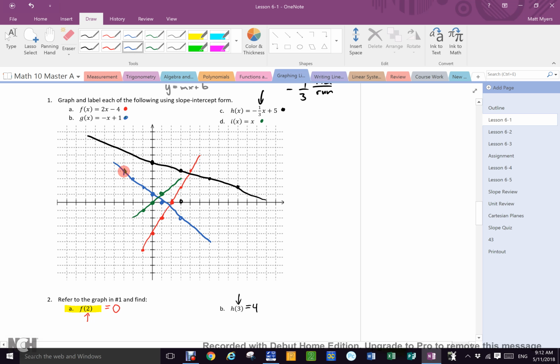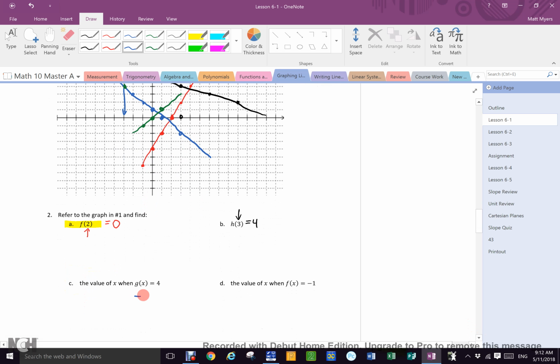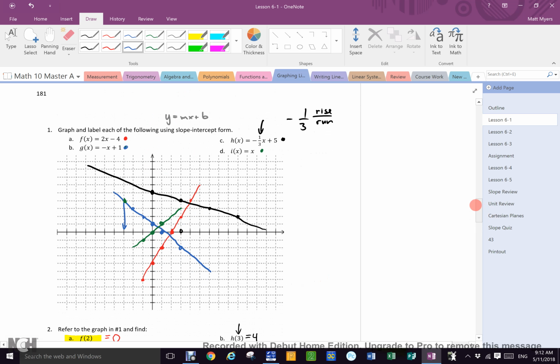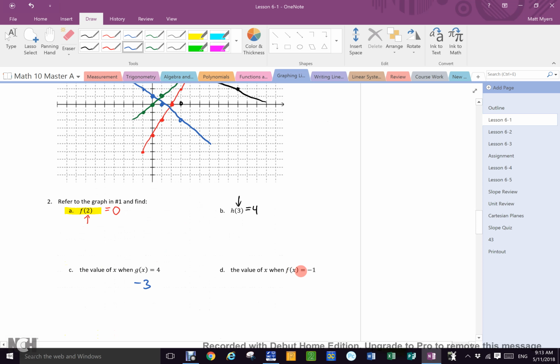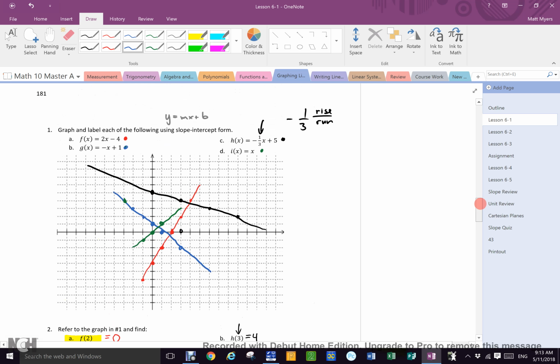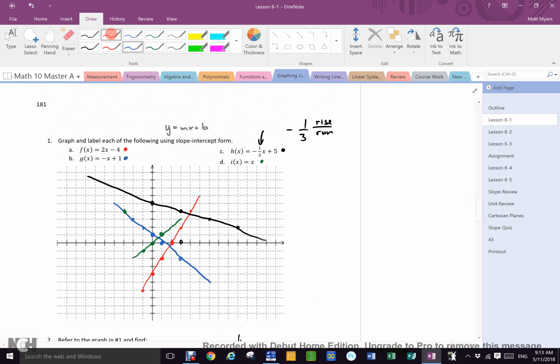Except I want my blue line back. And I need the value of x when the f of x is -1. Which color is f of x? Red. So I need -1. Is that a y value or an x value? That's a y value. So I go to -1 and I find the red line. Right there, correct?